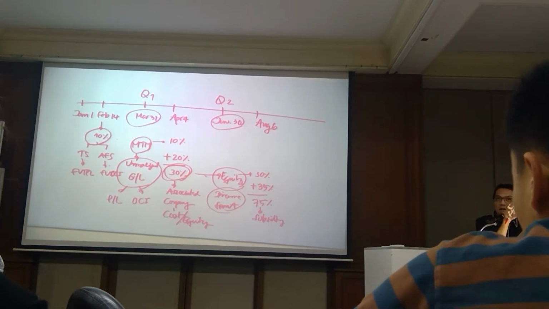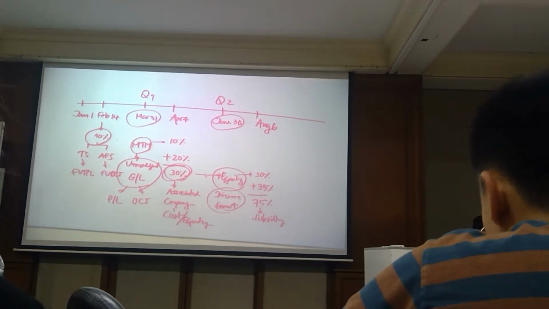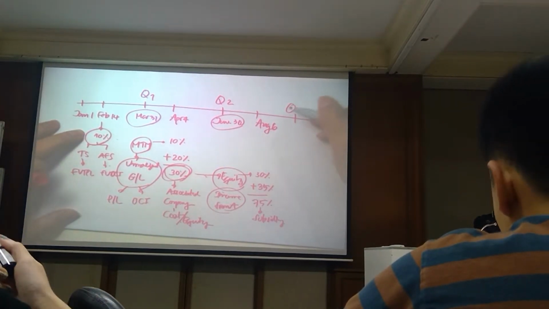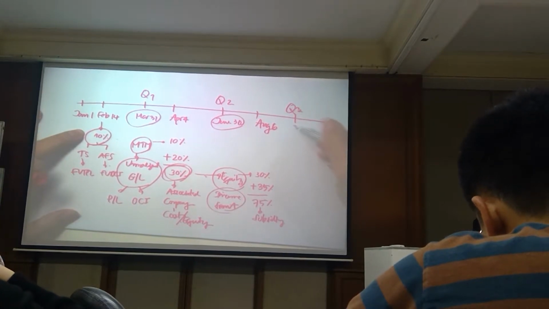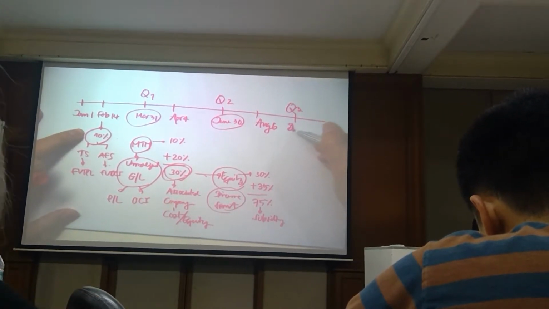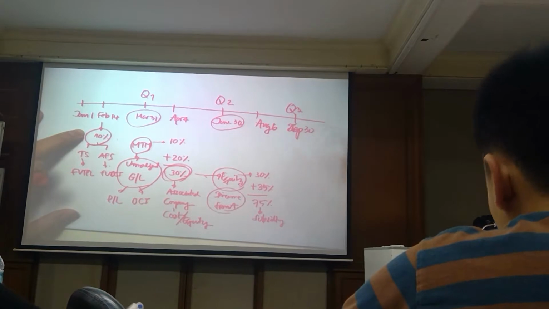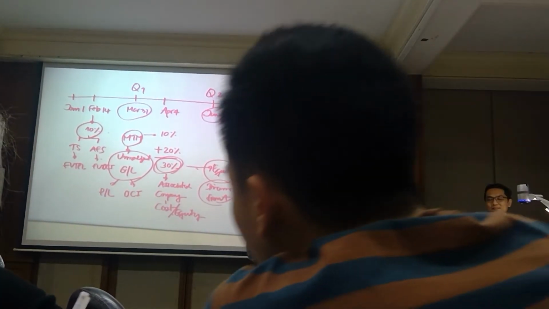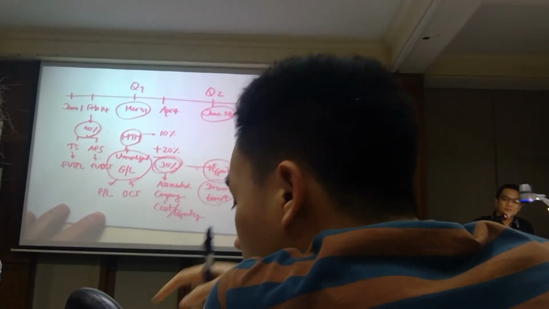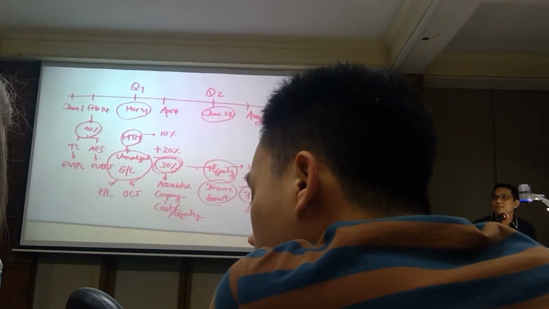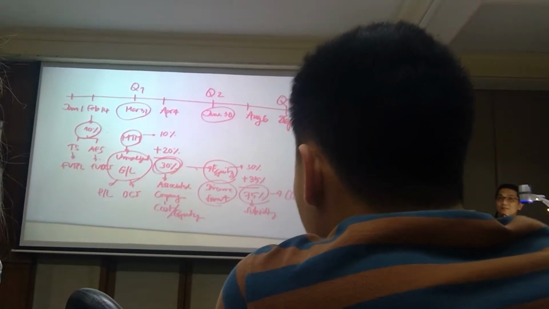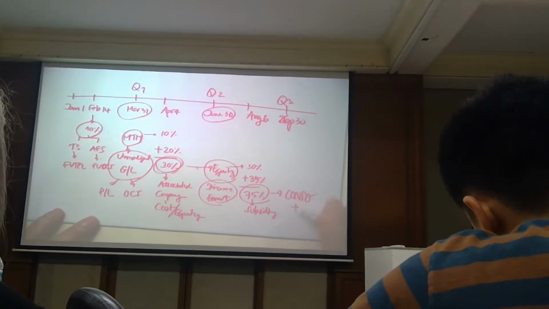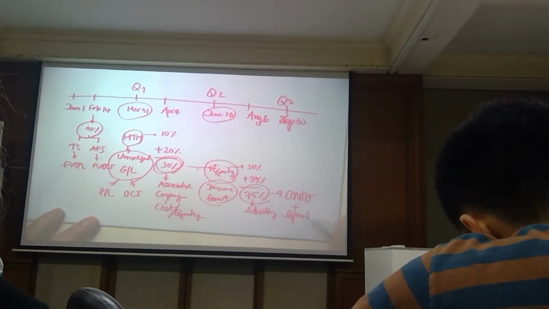All right. At the end of quarter 3, on September 30, what are you going to do with this? Consolidate. Because it turns to be a subsidiary, right? You consolidate with separate.